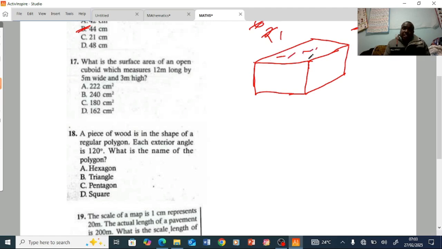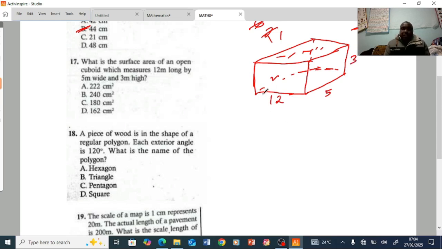We are not going to calculate the top surface, but we will calculate this surface and the other one and the other side. So we calculate the bottom only, and these sides. The cuboid measures 12 meters long, 5 wide, and height is 3.